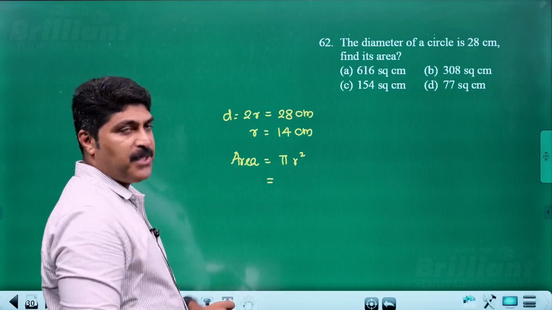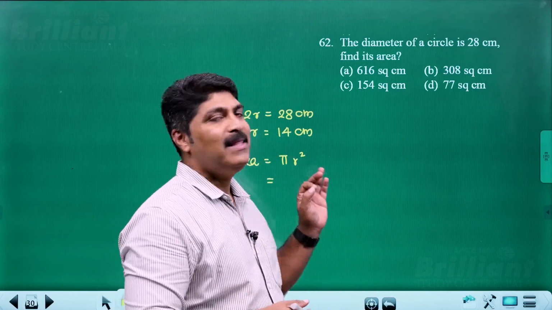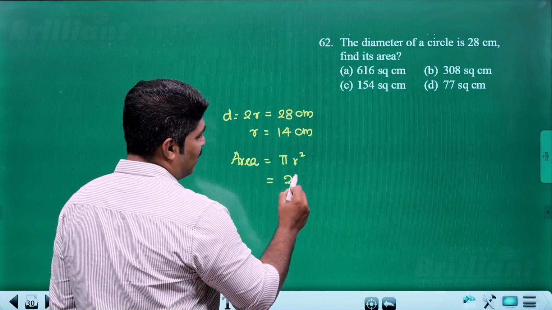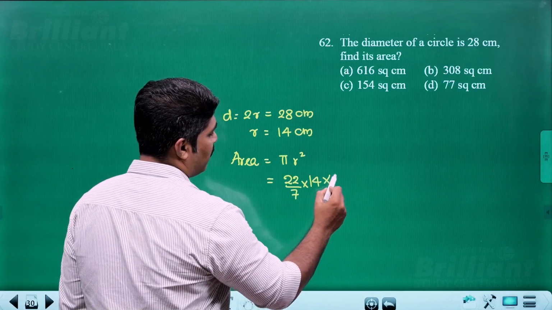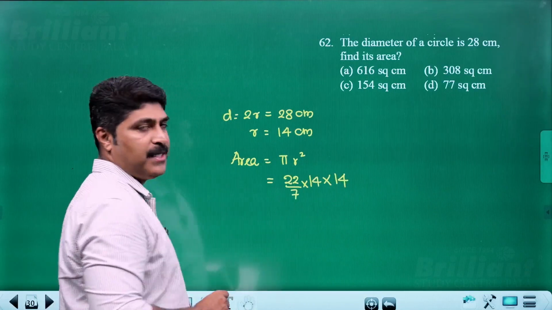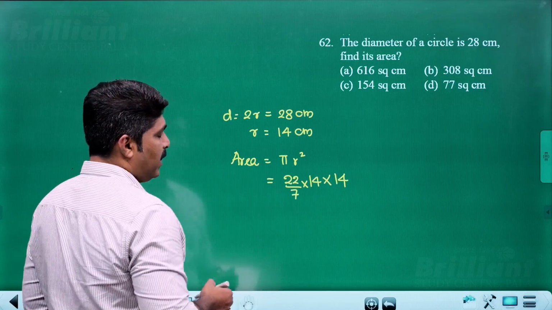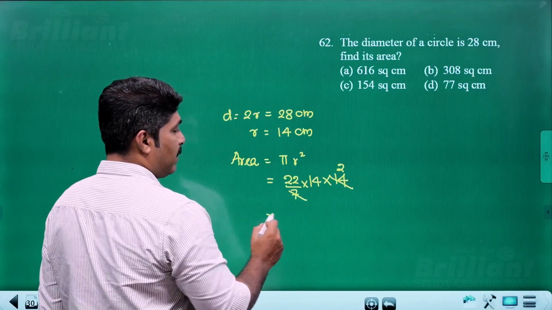As the options are in numeral form without the presence of pi, you have to write the numerical value of pi here. What is the numerical value of pi? That is 22 by 7 into 14 into 14. For the convenience of our calculation, we can arrange the values this way. Do the simplification here: 7 2 times. Just multiply them together.